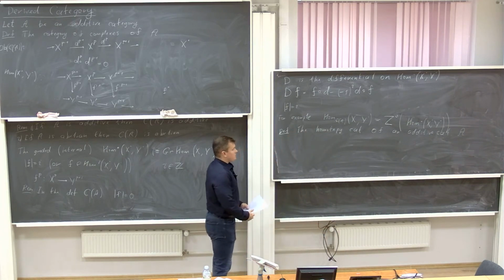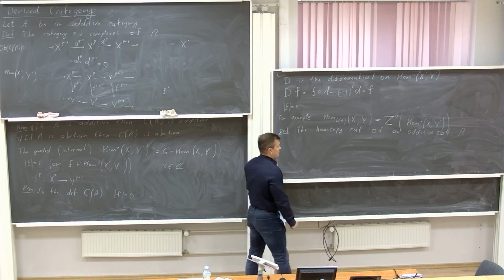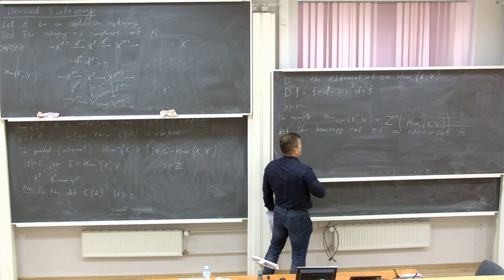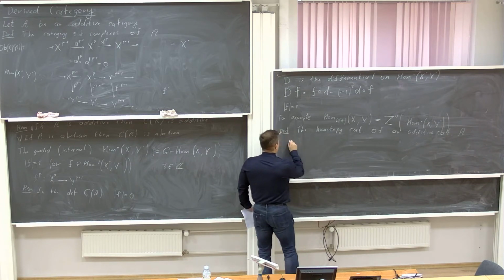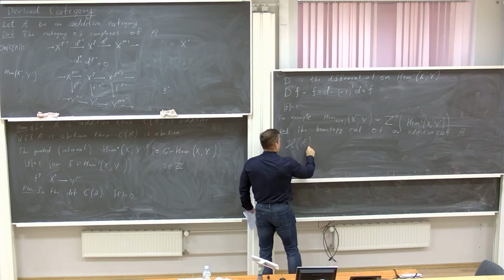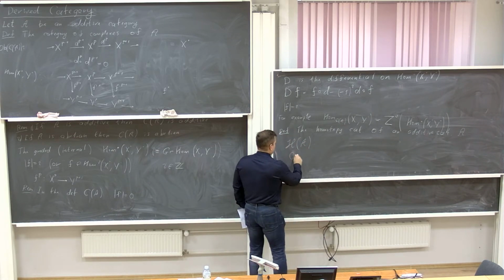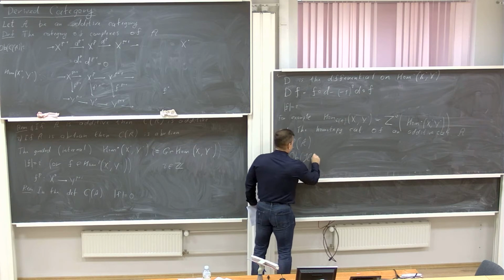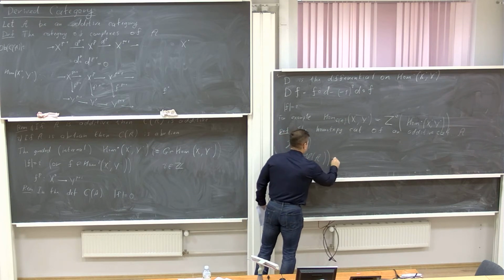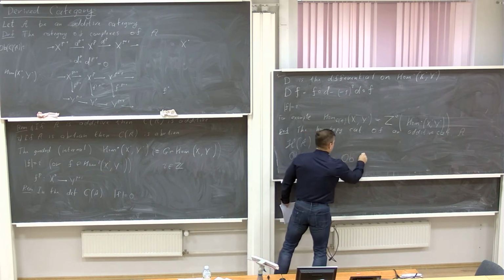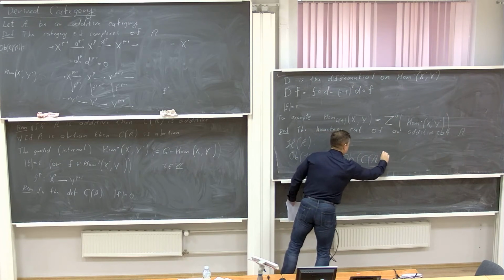It will be important later today. So the homotopic category of an additive category, H of A. Again, to define this category, I need to define objects. Well, the objects of the homotopic category are exactly the same as complexes. So this is the same as objects in the category of the complexes.